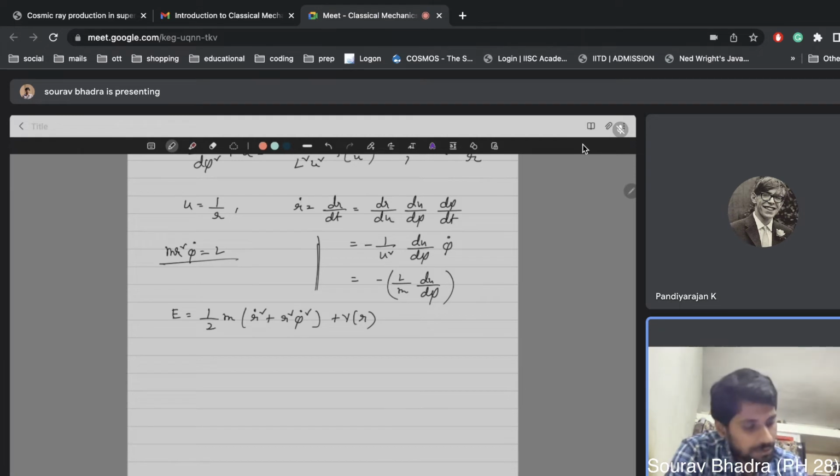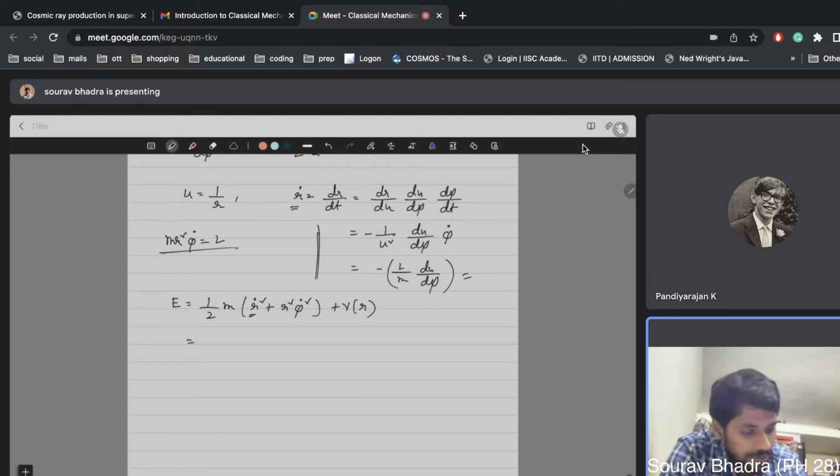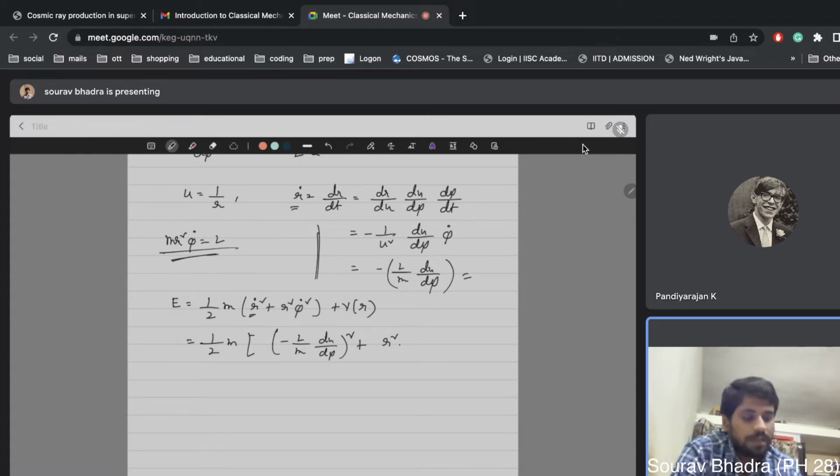So now we will substitute this r dot by the r dot which we have got, minus L by m du/dphi. So we get half m times minus L by m du/dphi whole square plus r square, and in phi dot we will replace L by m r square, and the potential energy as it is.